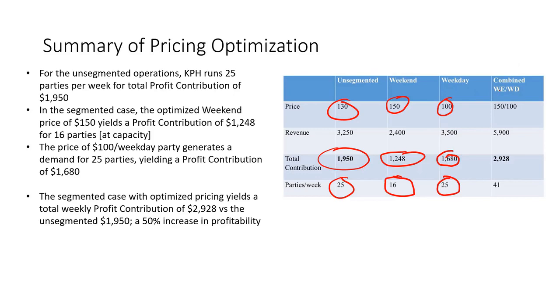And so we can see that running the segmented pricing for weekends and weekdays yields a profit contribution of $2,928 for a total of 41 parties that are run. This $2,928 in the segmented case is essentially 50% higher than the unsegmented case profitability.